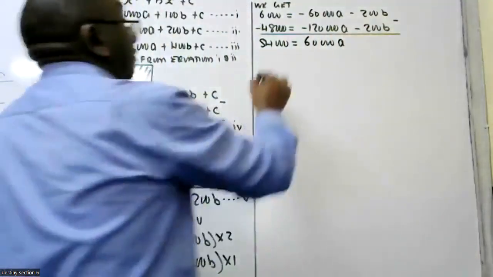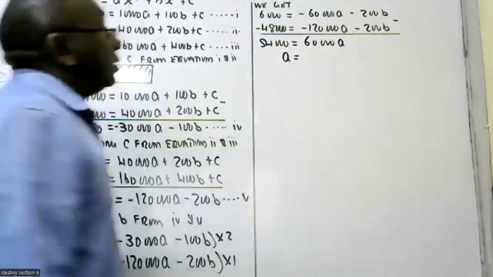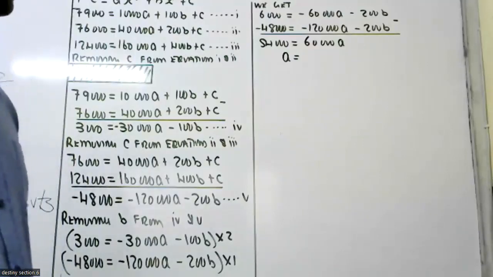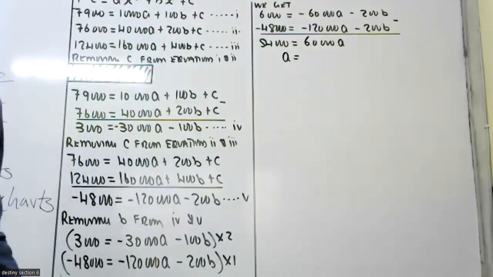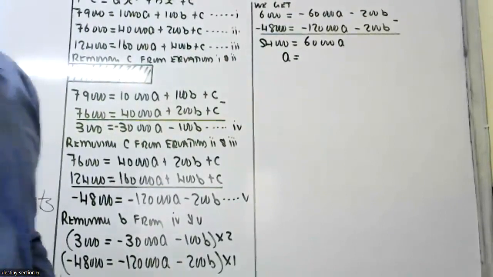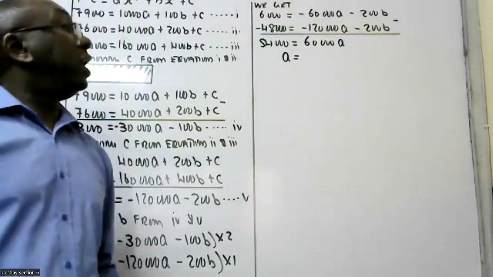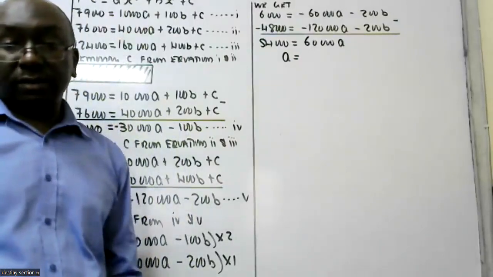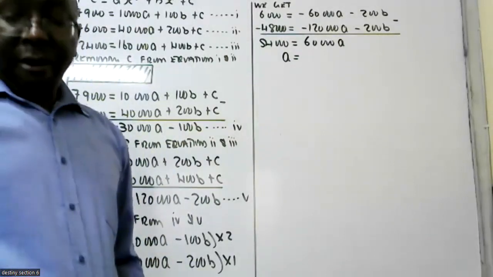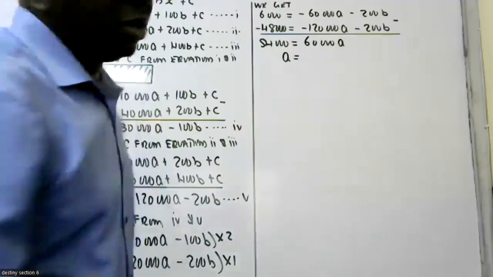So now tell me the value of A from there. 0.9.